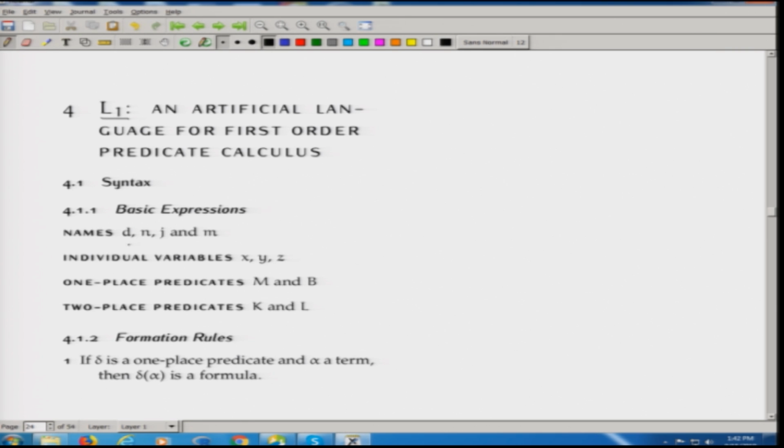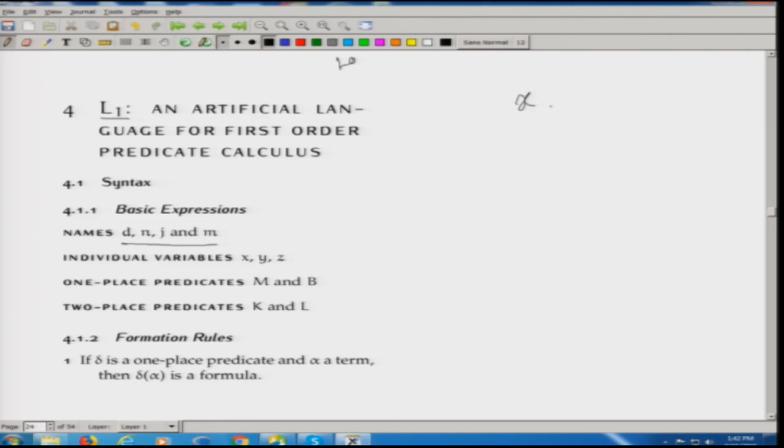There are four names like in L0. They are D, N, J, and M. Additionally, we have individual variables that can take only individuals. That is the reason this is first order semantics, first order logic. In this logic, a variable like x or y can only take names, that is, they can only take objects. They cannot take predicates.